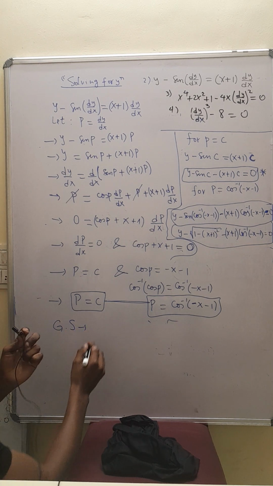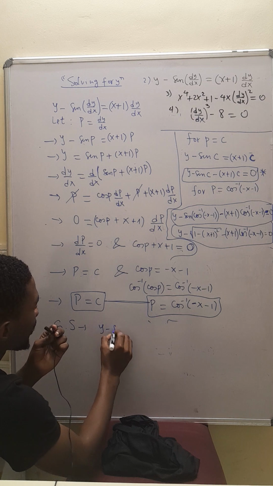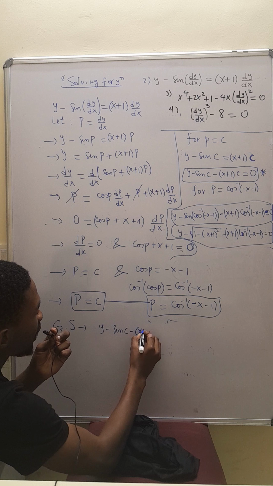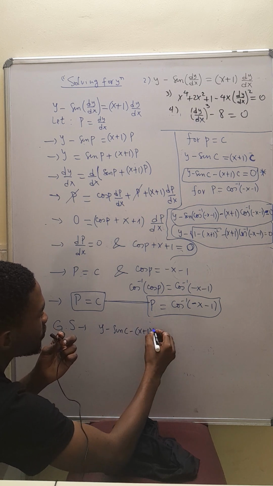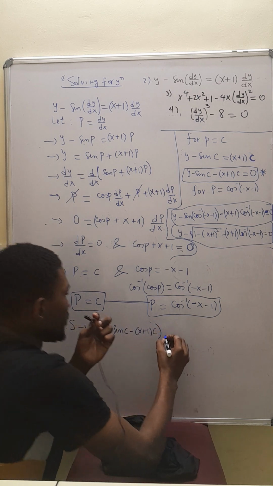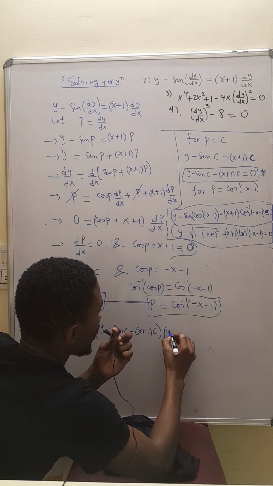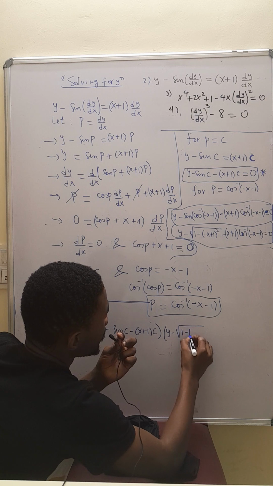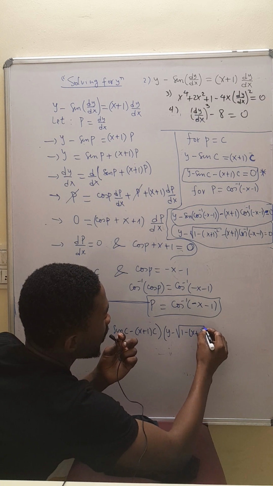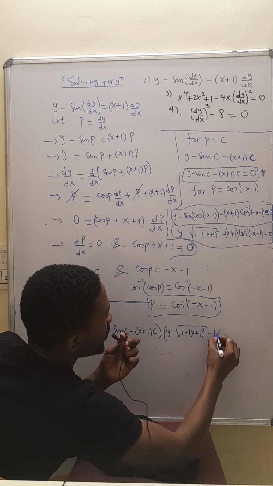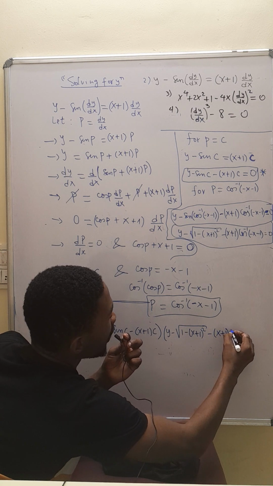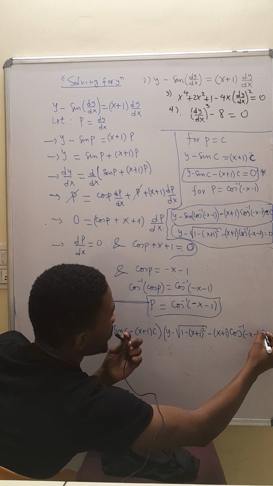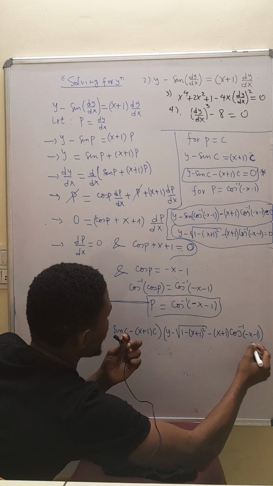The general solution will be equal to y minus sine c, minus x plus 1, times c multiplied by y minus root 1 minus x plus 1 squared, minus x plus 1, and times cos inverse of minus x minus 1, minus x minus 1.